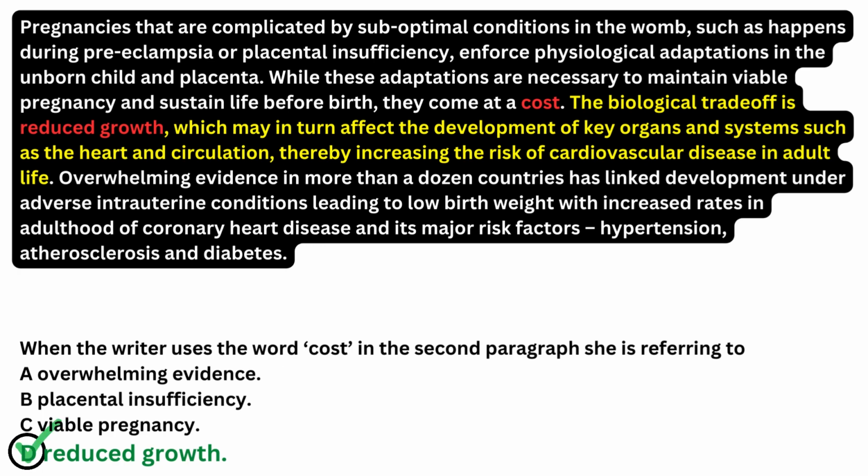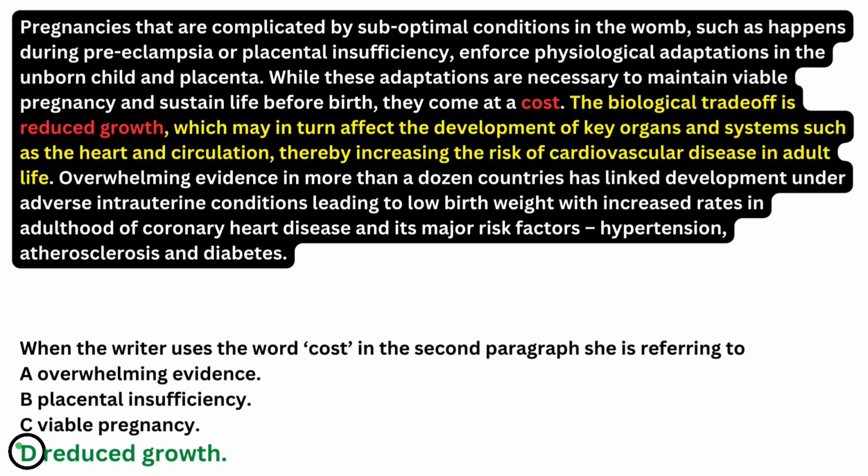The biological trade-off is reduced growth, which may in turn affect the development of key organs and systems such as the heart and circulation, thereby increasing the risk of cardiovascular disease in adult life. The paragraph mentions that while adaptations are necessary to maintain viable pregnancy and sustain life before birth, they come at a cost.